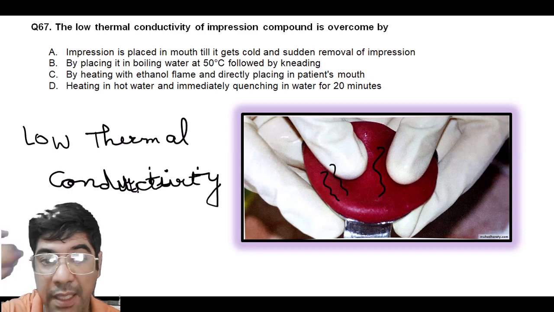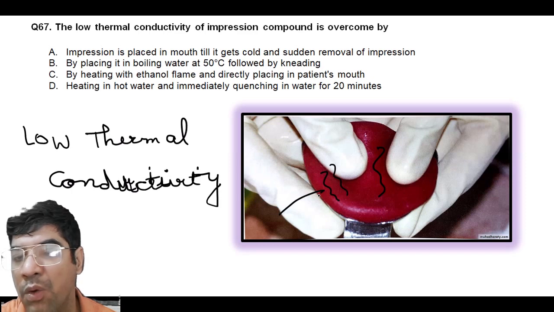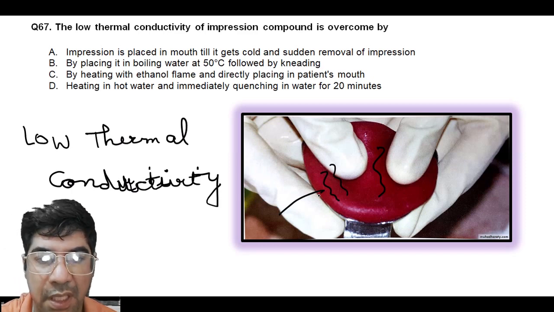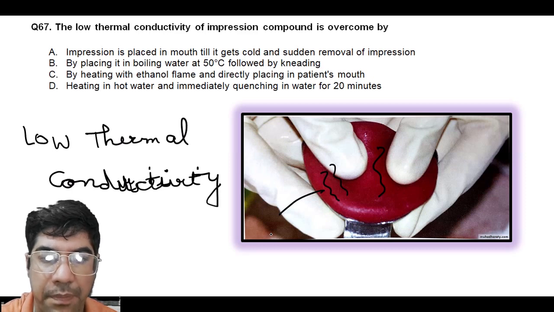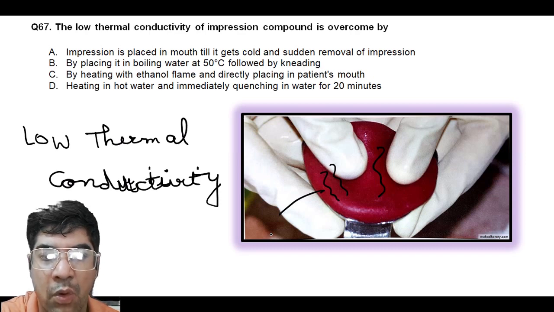So when you cool it, the outer will cool first, while the inside cools later. The outer will cool faster than the inside. So waiting for it to cool down completely prevents it from getting distorted.